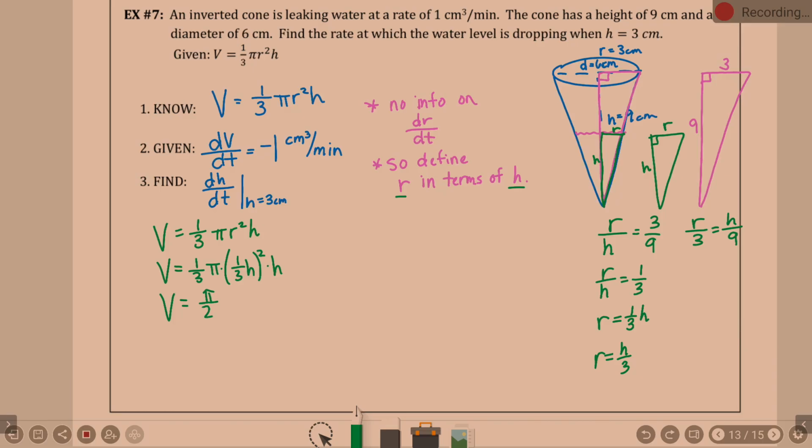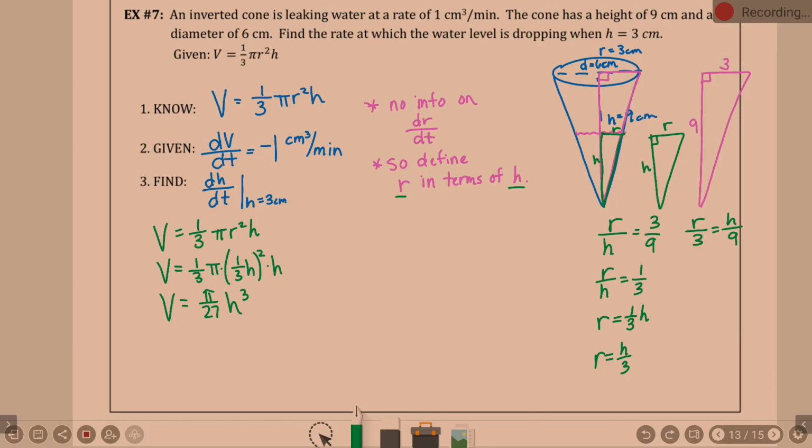Or 1/27 pi. Either way. H to the what? Third, because H squared times H is H to the third. So we just took our volume formula and rewrote it in terms of H for this particular problem. Now when I differentiate it, I'm not going to have a dr dt thrown in there to mess with.